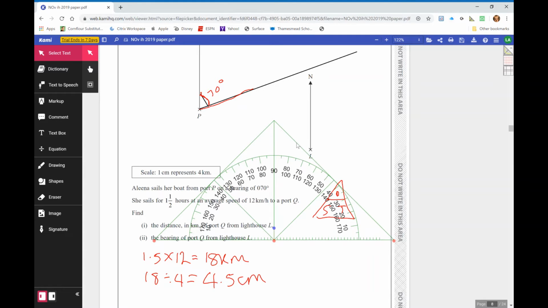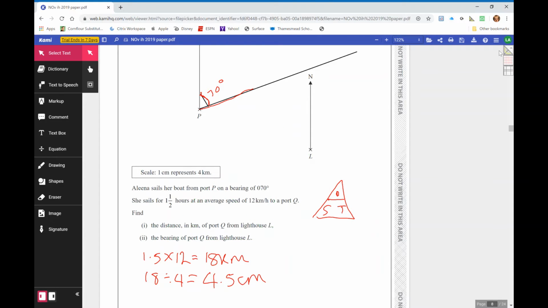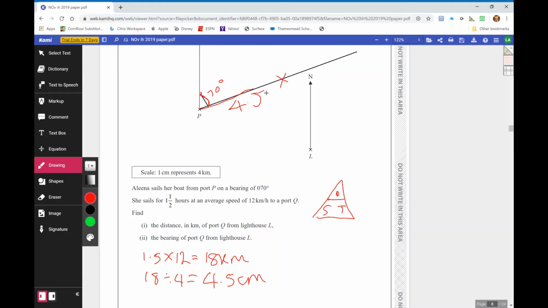I can't do this really, but you need to measure up here 4.5 centimetres up to here, so let's say about here. So this has to measure 4.5 centimetres. And then that gives you where port Q is.